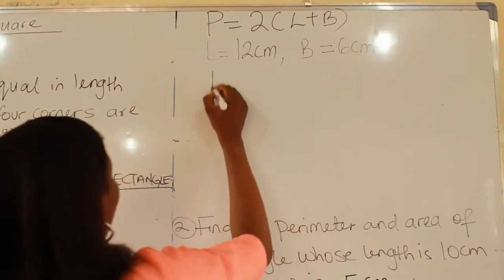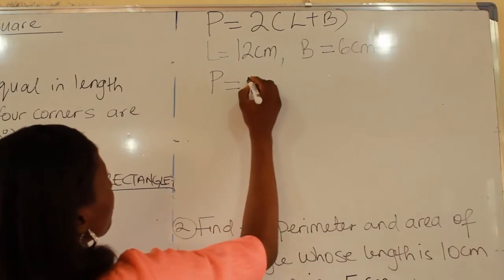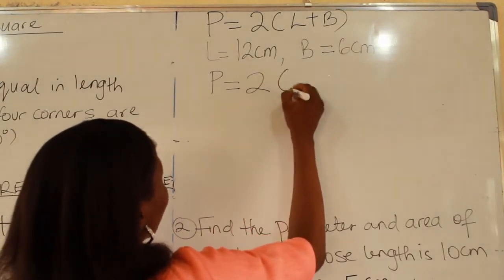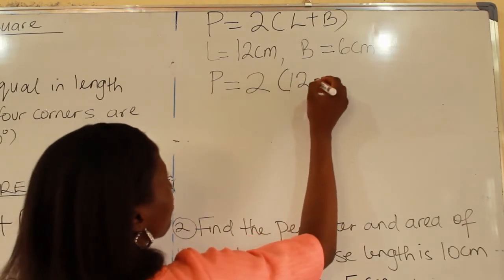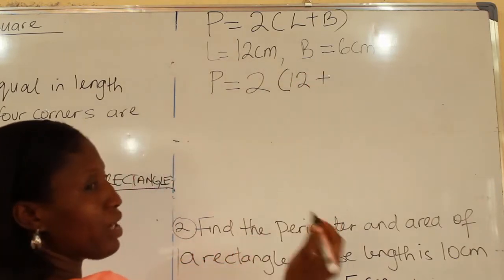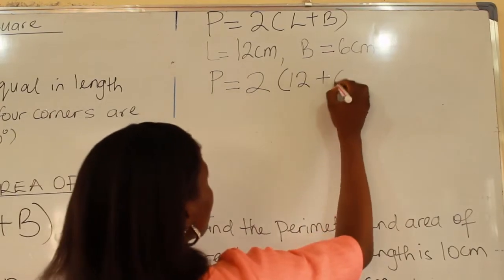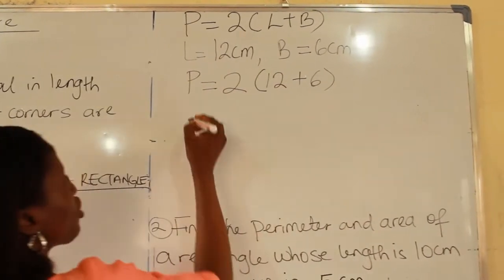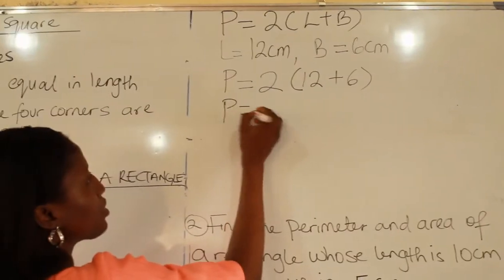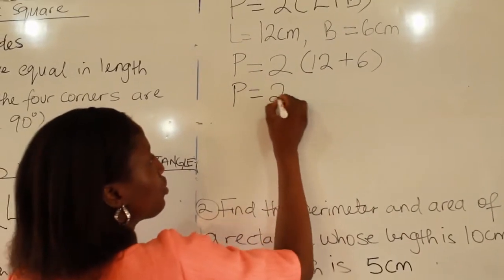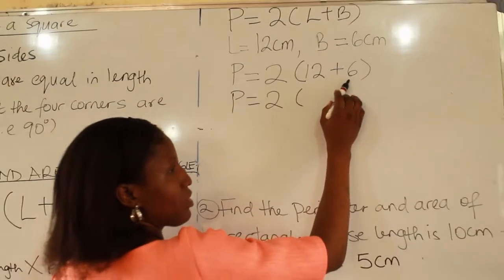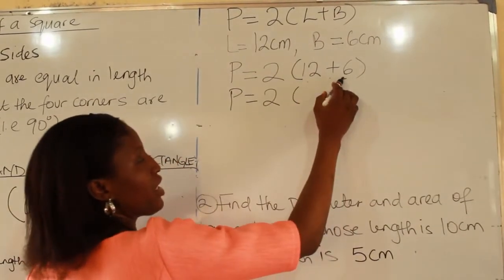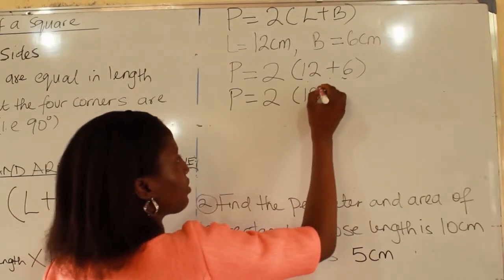Perimeter equals 2 brackets 12 plus 6. 12 plus 6 equals 18.